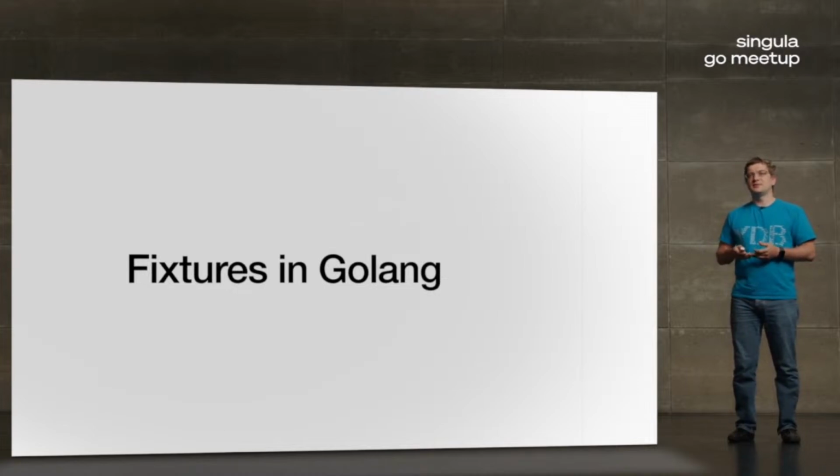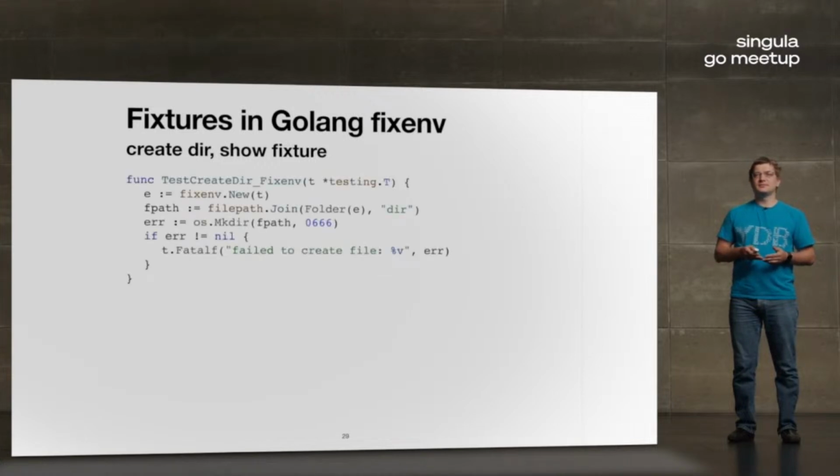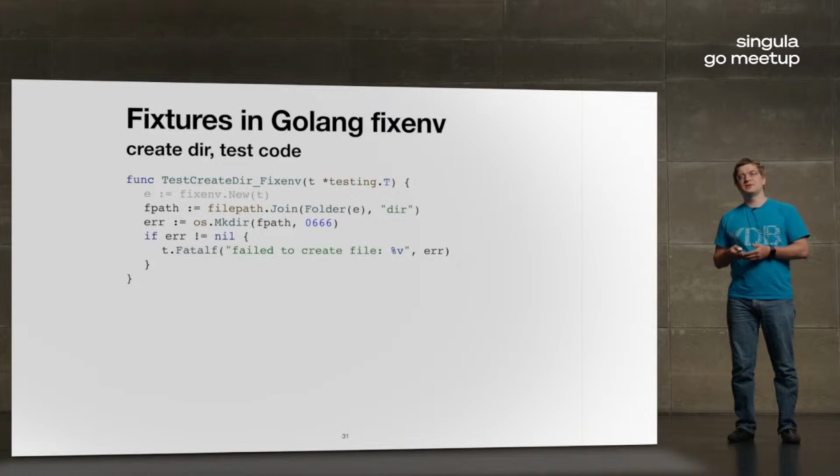I will show the same tests in Golang with fixtures. The same test, create directory, and you can see service code: one line to create the fixture environment, and one call to take the temporary folder path.